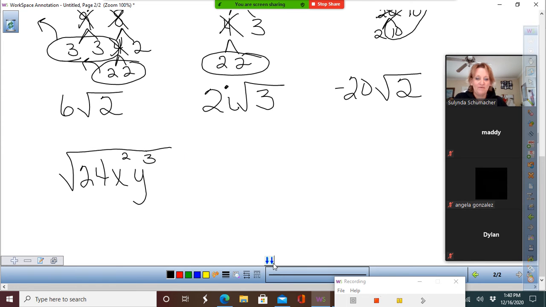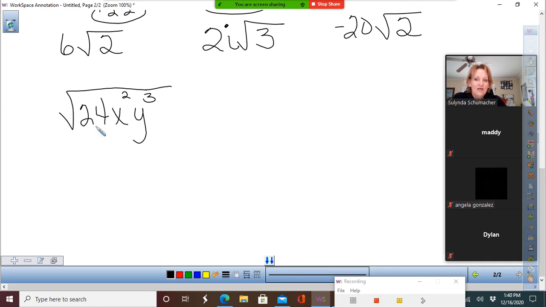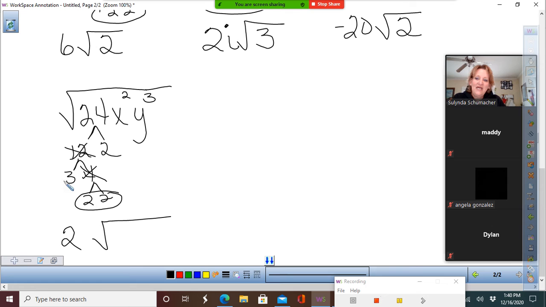We need to simplify. 24 breaks down into 12 times 2. 12 breaks down into 3 times 4. Cross that out. And 4 breaks down into 2 and 2. Okay? So looking at this, I have a group of 2's that get to come out. So a 2 goes on the outside. Staying at home is a 3 and a 2. So again, when they stay at home, they multiply. So that becomes a 6.